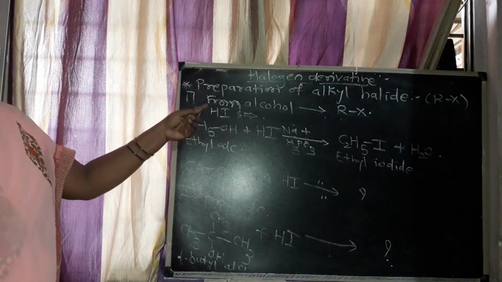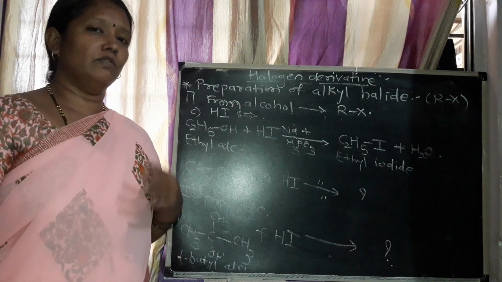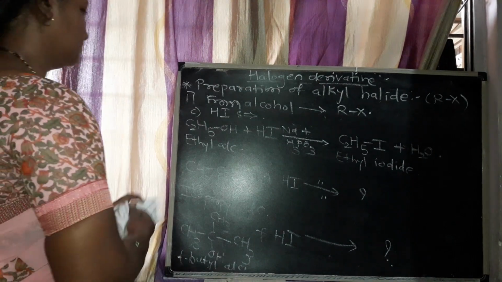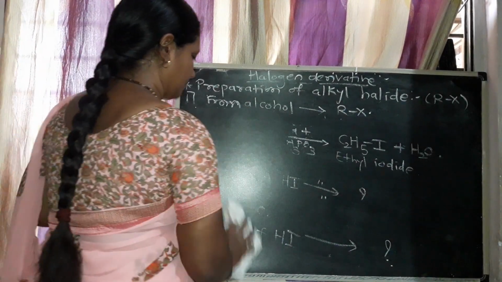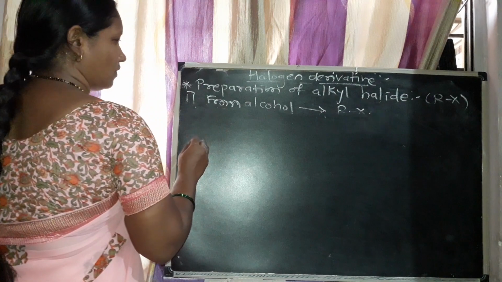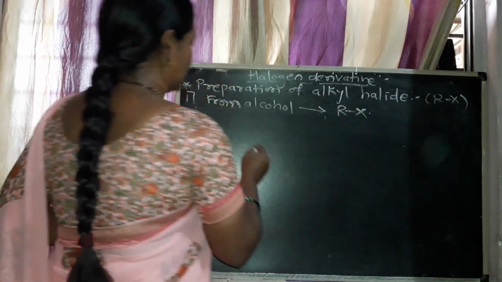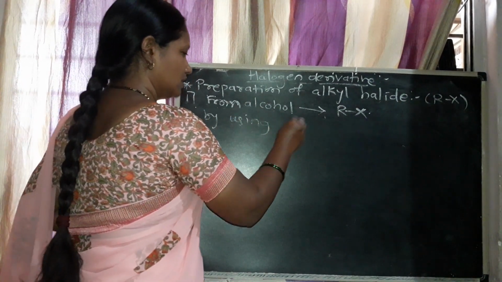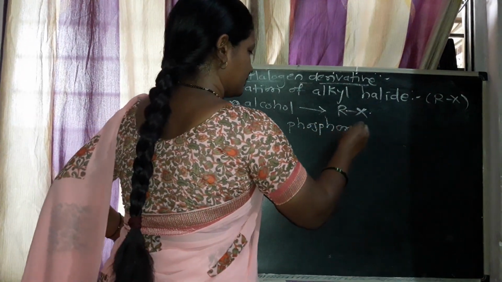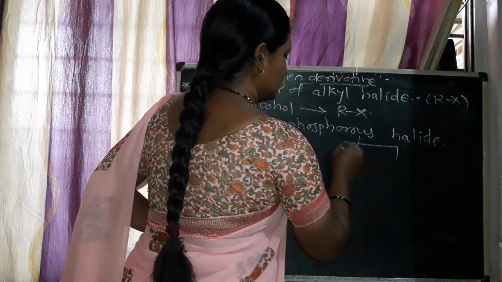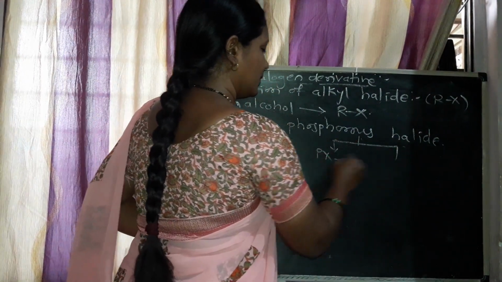Now from alcohol, we can prepare the alkyl halide by using the fourth one, that is phosphorus halides. Now, students, there are two types of phosphorus halide, PX3 and PX5.